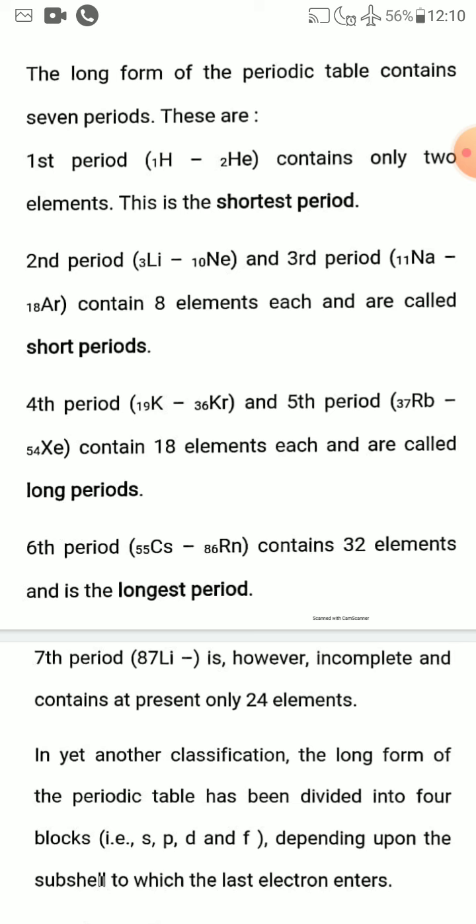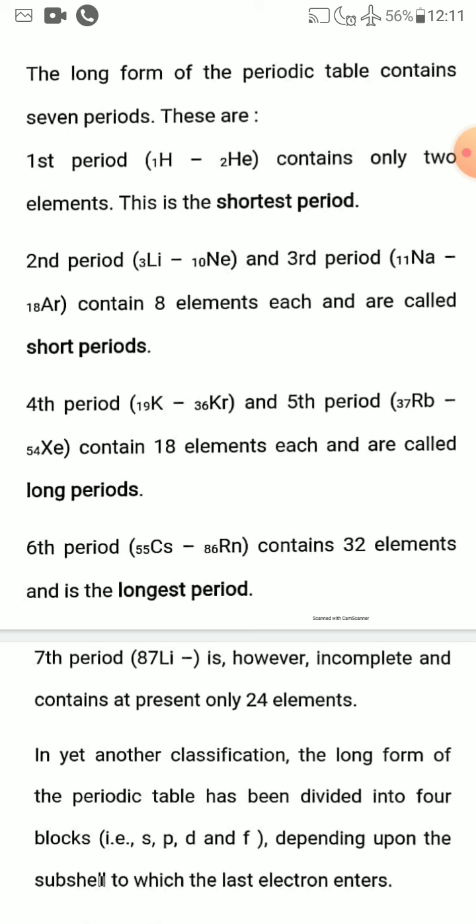So the second and third periods contain 8 elements each and are called short periods. The fourth period contains potassium to krypton, atomic number 19 to 36, and the fifth period contains rubidium to xenon, atomic number 37 to 54. These contain 18 elements each and are called long periods.